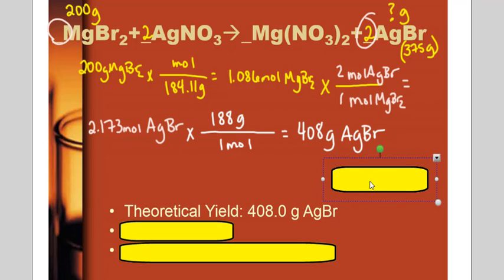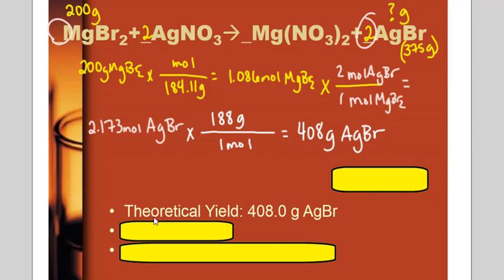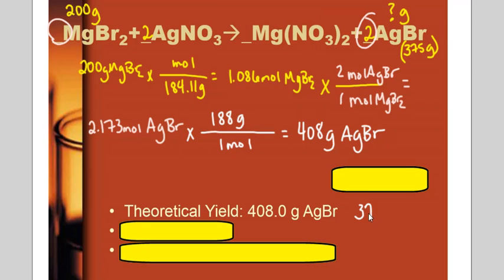Alright, so my percent yield here, I'm going to take my actual and divide that by my theoretical. So my theoretical yield is this. So 375 divided by 408 times 100.